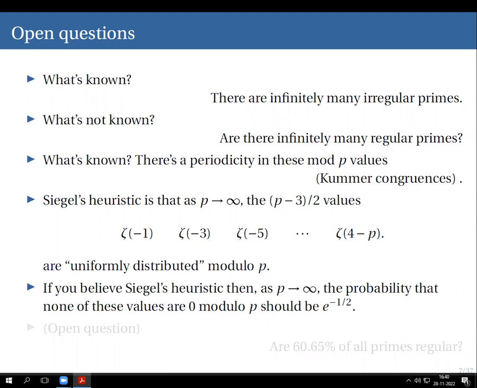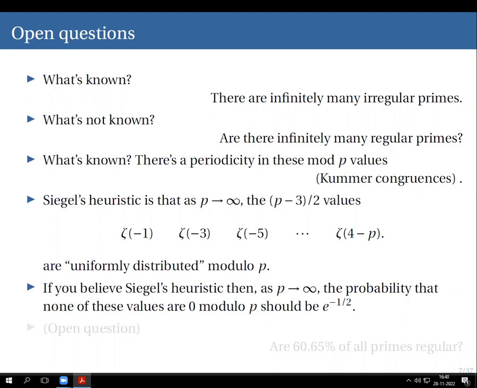And I want to ask myself, when is a prime regular? A prime is regular if p does not divide the numerator of any of these values. So the probability that p doesn't divide a given numerator is 1 - 1/p. There are (p-3)/2 values, so it should not divide the numerator of all of them.